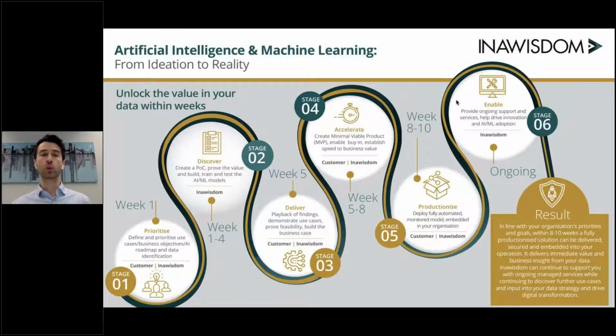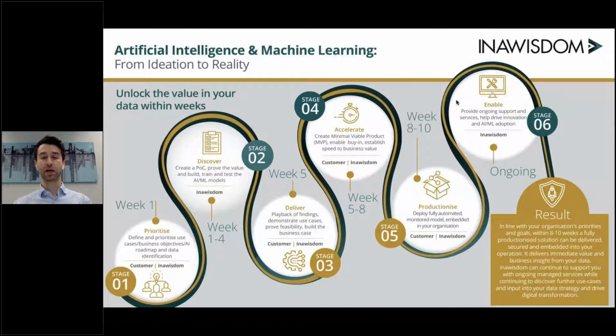After that, once you know what you're doing, let's say, for example, that you want to analyze sales data and customer data and predict who is going to purchase a certain product. So let's say that this is our business case. The second stage is to do a discovery. Now, this discovery is a very quick piece of development work that helps you create an AI prototype.